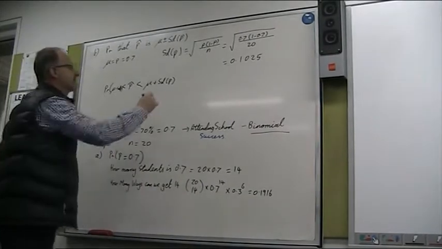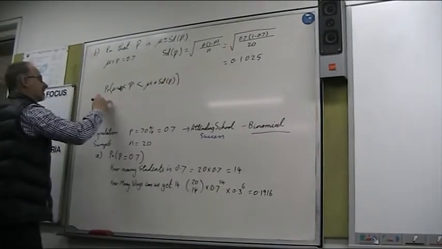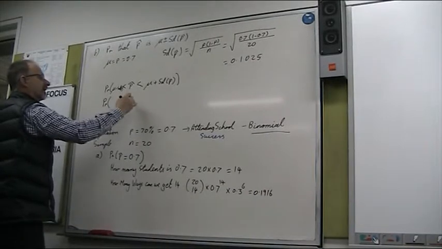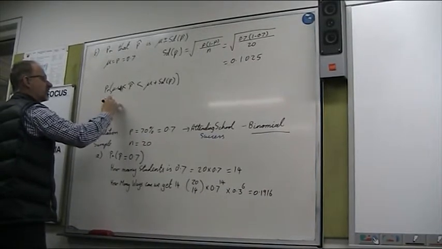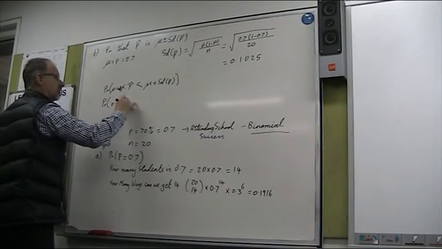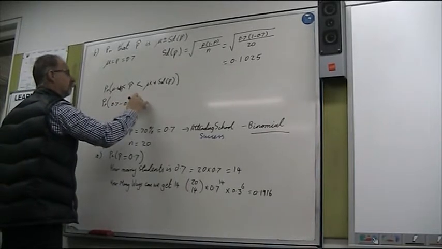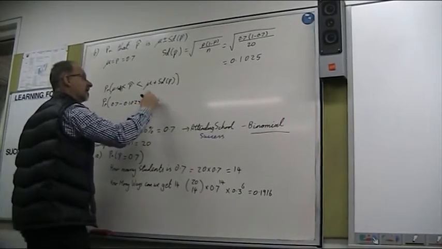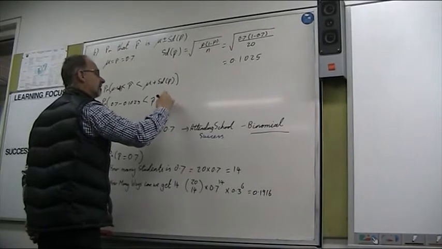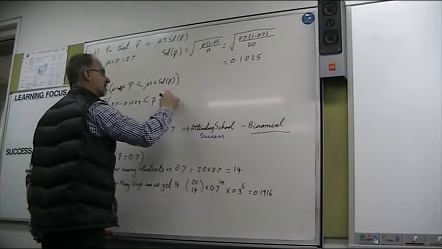Let's put the numbers in then. That is the probability that our sample proportion, the mean being 0.7, minus 0.1025 is less than 0.7 plus.